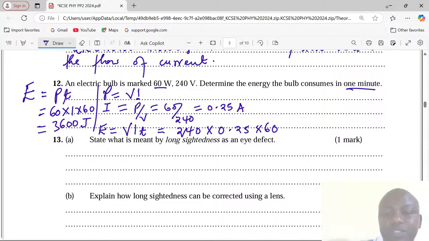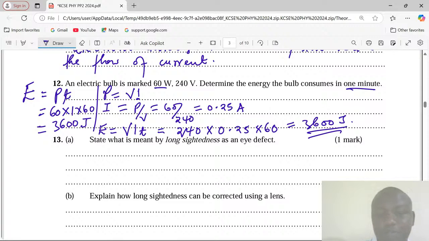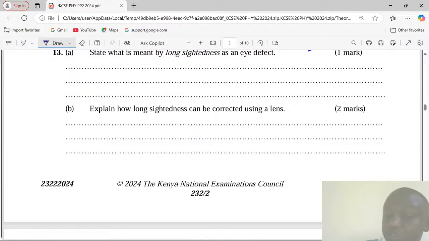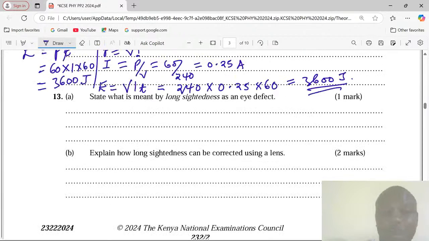This gives us 3600 joules. We are just playing along with several relationships of these quantities provided here. So you can even continue until you involve resistance according to Ohm's law, and you shall get the same answer.